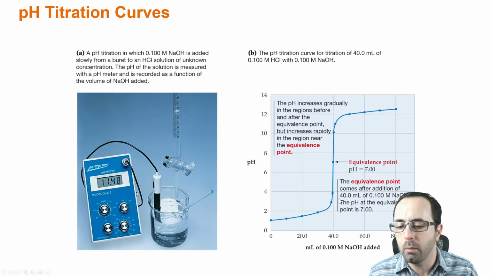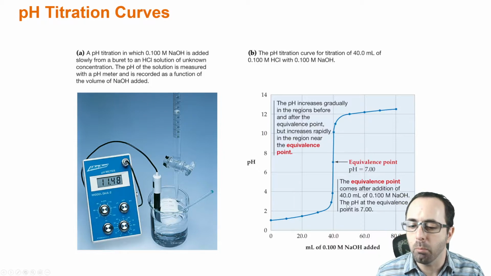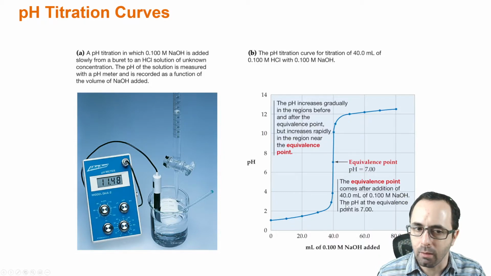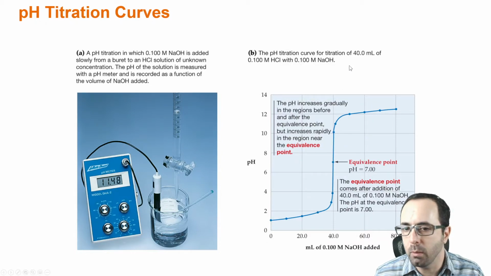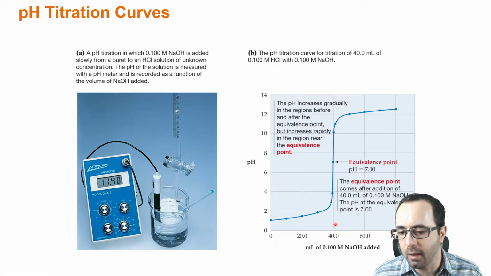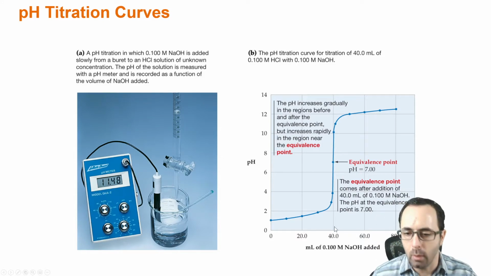So the equivalence point means when you have the same number of moles of HCl here as you do NaOH. Since they were both 0.1 molar and we started with 40 milliliters of HCl, the equivalence point arrived when we had added the same volume, 40 milliliters of NaOH.